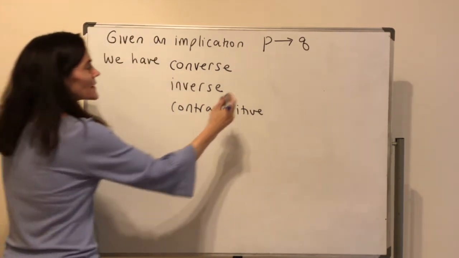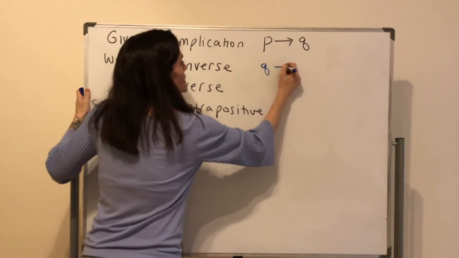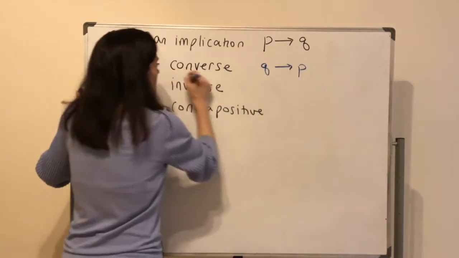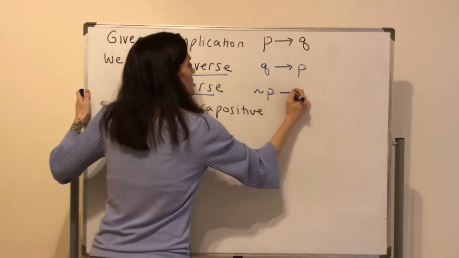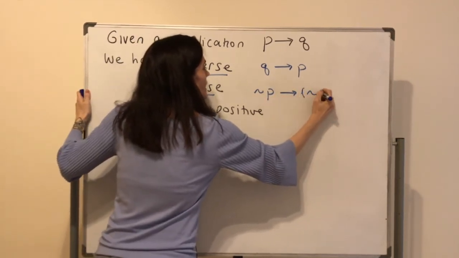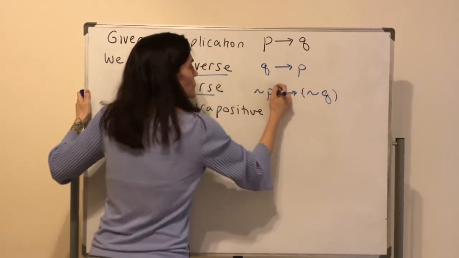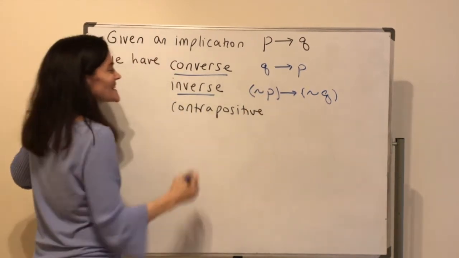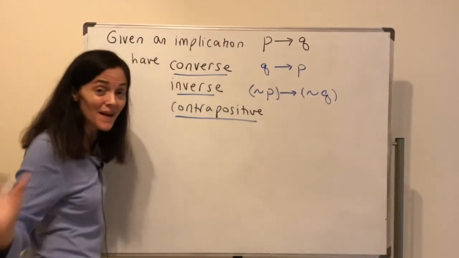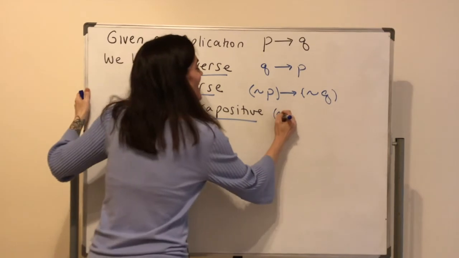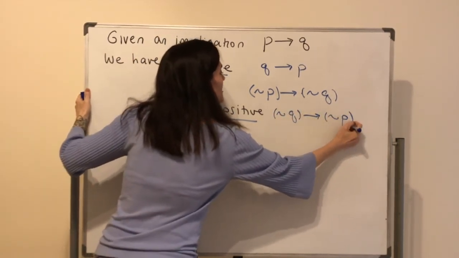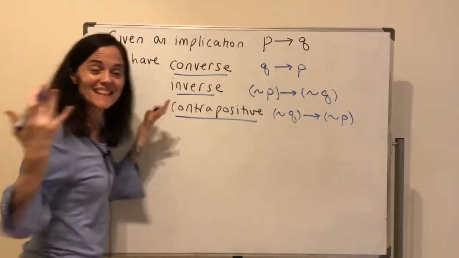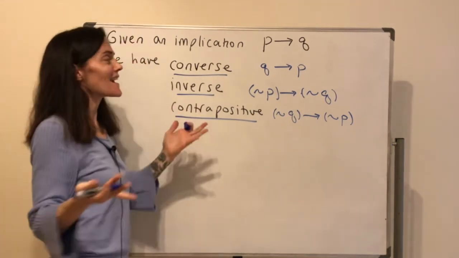Well, the converse is Q implies P. The inverse is not P implies not Q. Maybe I'll put parentheses on all of these. And finally, the contrapositive is not Q implies not P. Okay, so how are these related to each other?